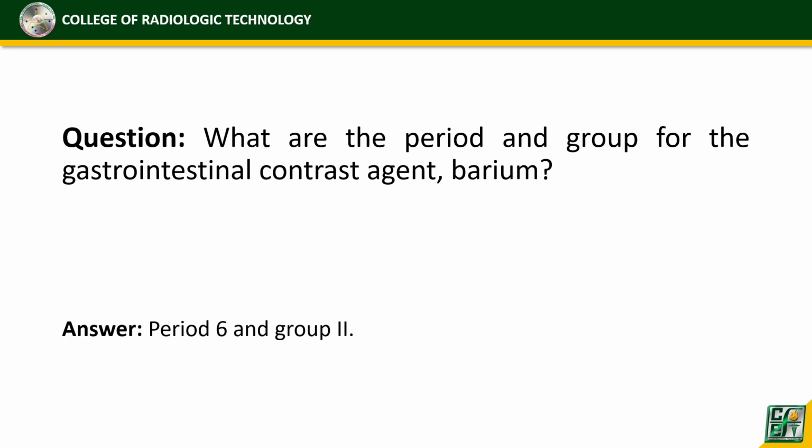Okay, meron siyang 6 na orbital shell. At group 2 kasi, yung kanyang electron sa outermost shell ay dalawa.